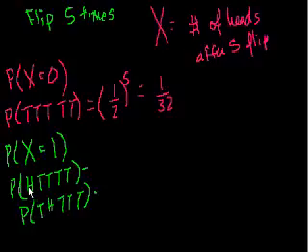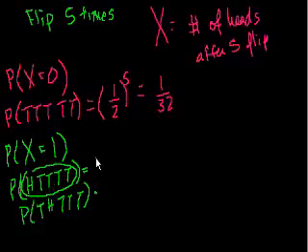Well, the probability that you get a head is 1/2. Then the probability of the tails is 1/2 times 1/2 times 1/2 times 1/2. So the probability of each of these situations is 1 over 32, just like the probability of this particular situation. In fact, the probability of any particular order of heads and tails is going to be 1 out of 32. There are actually 32 possible scenarios, right?